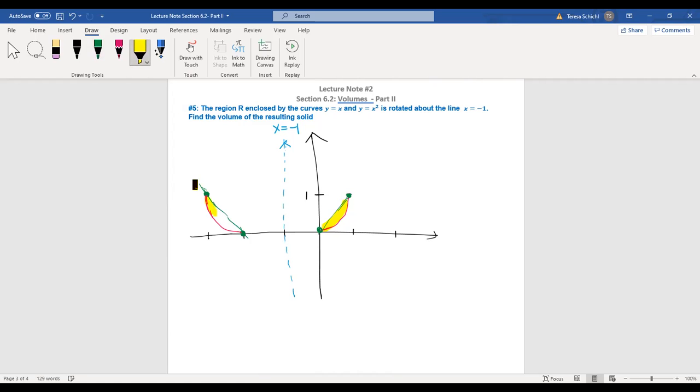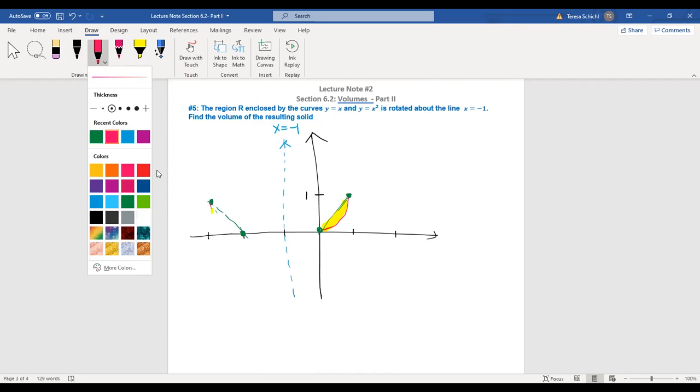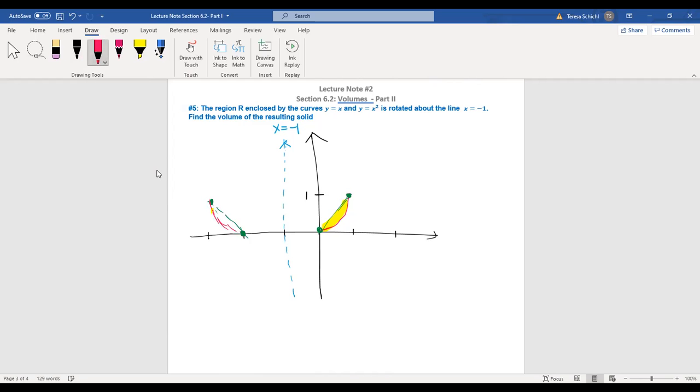The area should be the same, but looks a little bit bigger. Maybe we do a better job of graphing here. This is 1, and here is my little curve. This is the area I'm rotating.